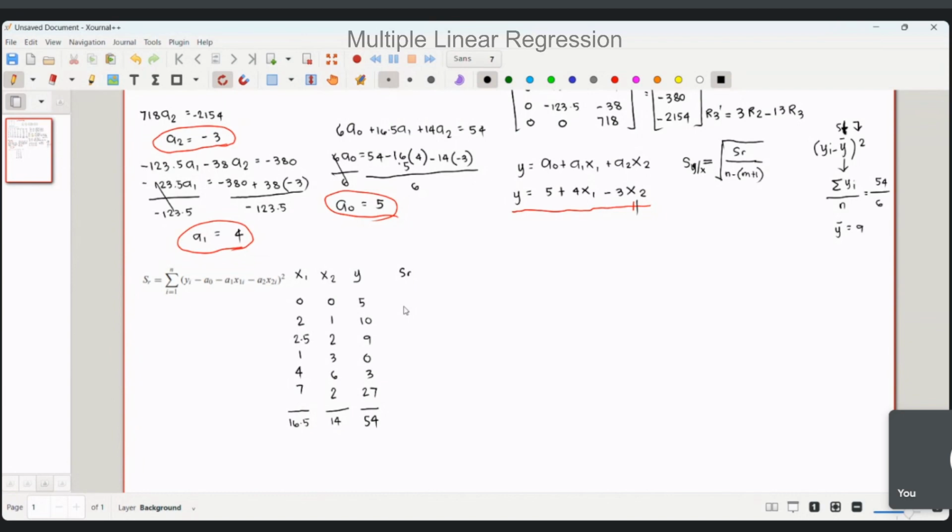For our first row, pila niyo makuha? 0, miss.